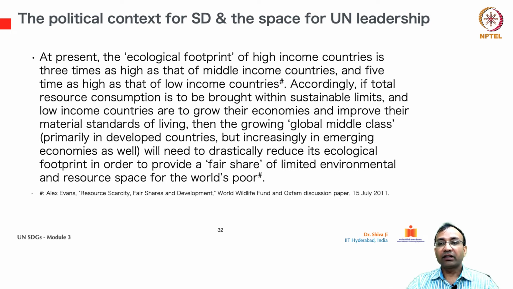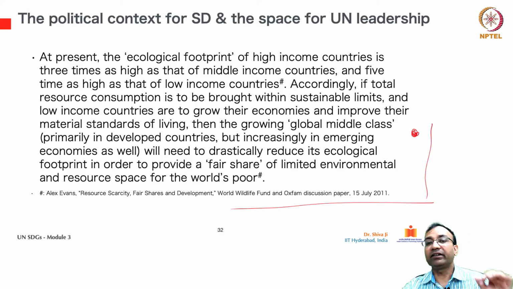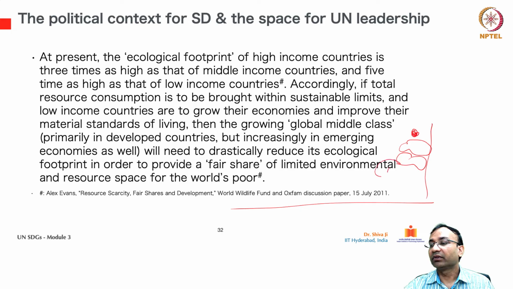At present, the ecological footprint of high-income countries is 3 times as high as that of middle-income countries and 5 times as high as that of low-income countries. So, if you see, the ecological footprint of the world's highest impacting country like Qatar is extremely high. Then there are countries from North America, Europe, right?